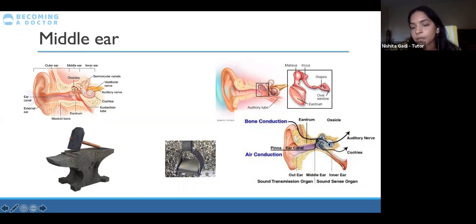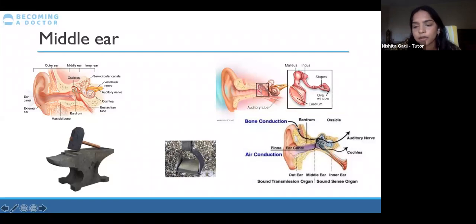If there's something wrong with this pathway, or it's blocked and sound can't travel, then bone conduction takes over. So air conduction is lost, and bone conduction is what's primarily there.